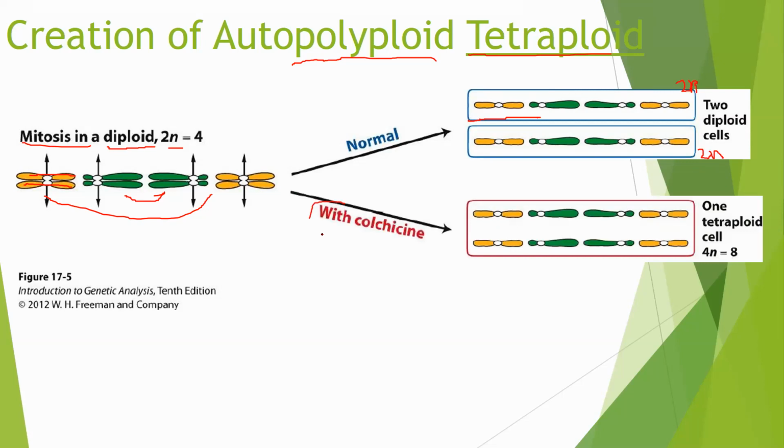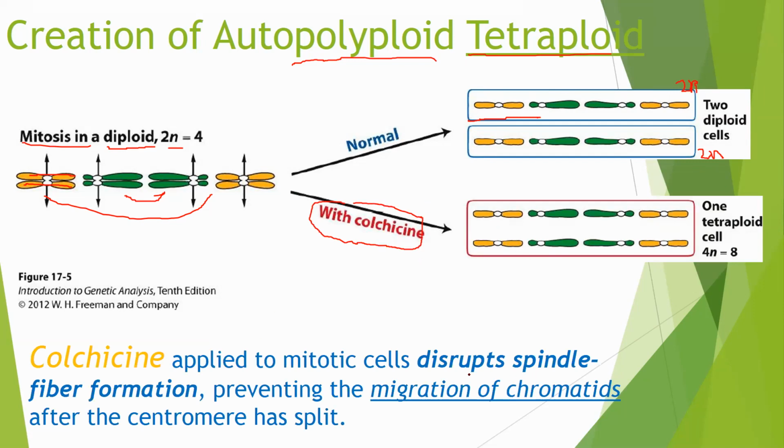However, if we use something like colchicine, a chemical that can disrupt spindle fiber formation, then, because to complete a regular mitosis the cell needs to form the spindle fiber, and the spindle fiber attaches to the centromere of each chromatid and pulls these two sister chromatids apart towards two directions, if we disrupt the formation of the spindle fiber, the sister chromatids cannot separate.